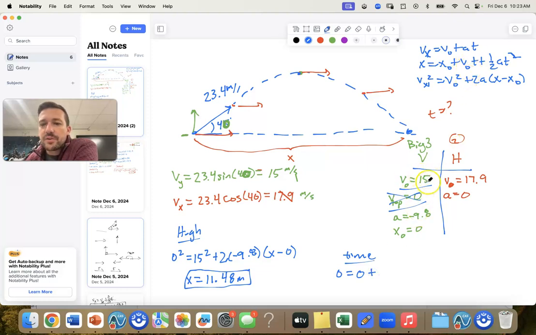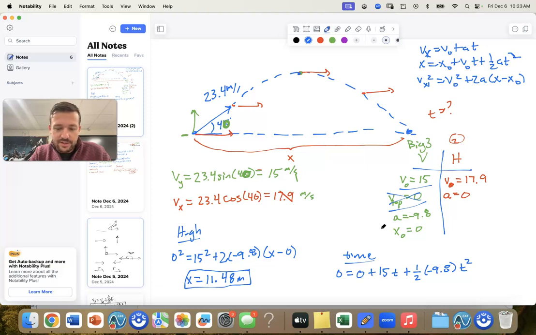I'm only talking about vertical stuff, so I'm going to use 15 times time, plus a half times acceleration, which is negative 9.8, times time squared. And then I can just solve for time here on the calculator. I would use the solver function on this one, because if you don't, you're going to have to use a quadratic equation, which I highly doubt any of you want to do.